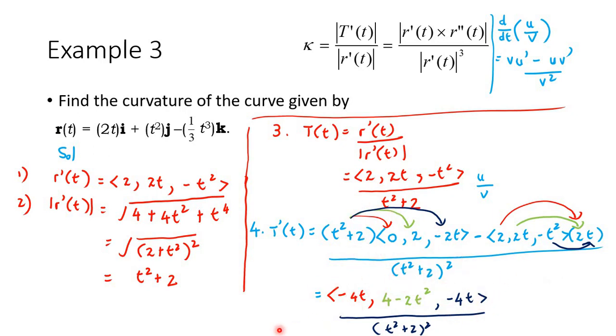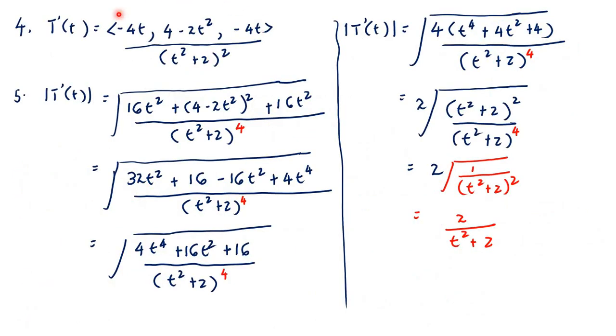So you get T prime t. Then you find the magnitude of T prime t, square root. For the numerator you square each component, and the denominator just now, power 2 squared gives power 4. Simplify the magnitude of T prime t, you have 2 over t squared plus 2.